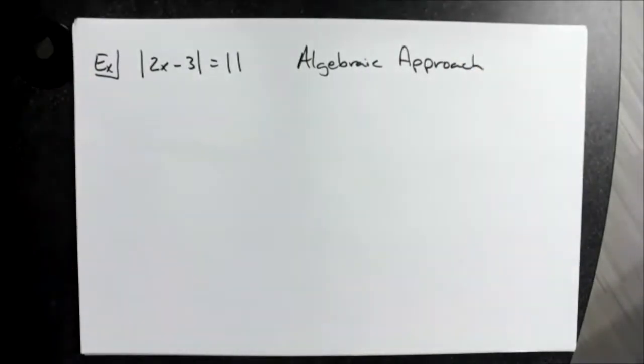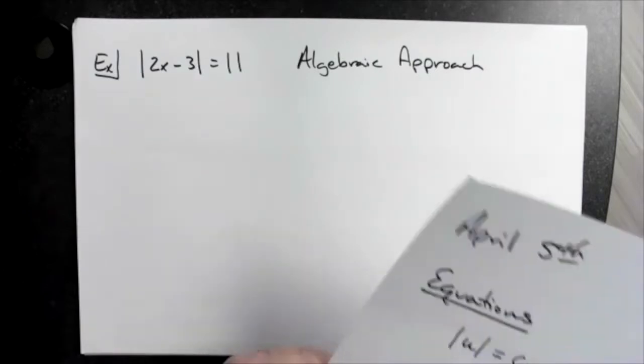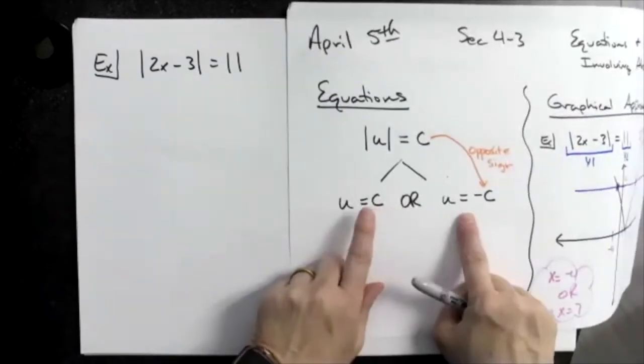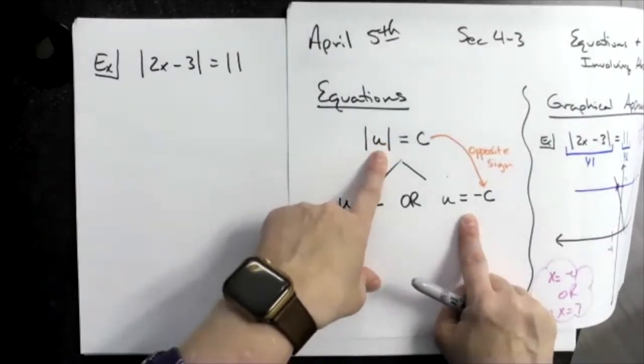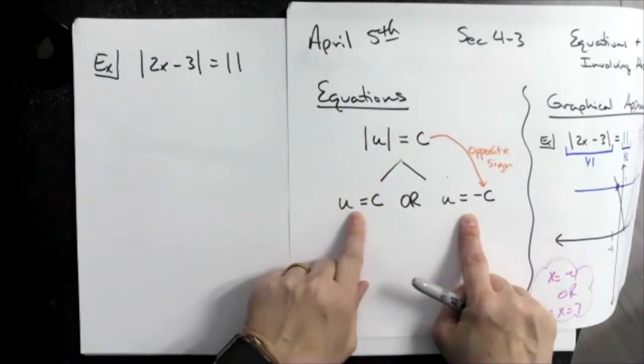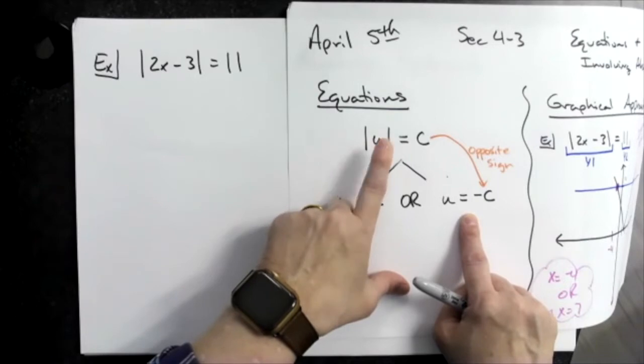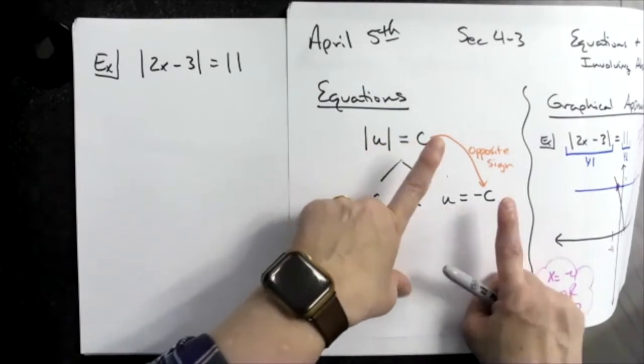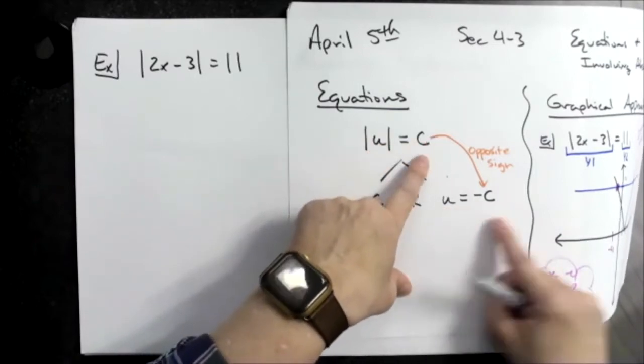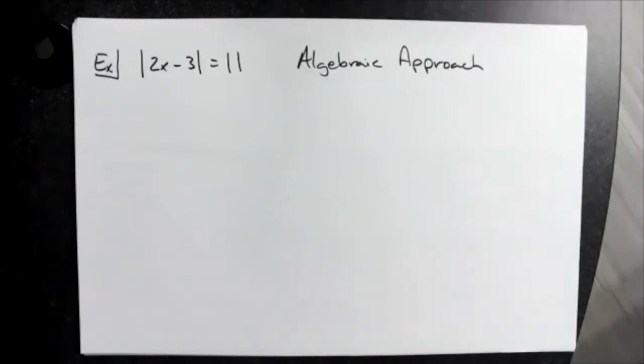Going back to what I said just a minute ago, this is our setup. We're going to drop the absolute value bars, write exactly what we see, u equals c. Then we're going to take what's inside there, drop the absolute value bars again, but take the opposite sign. So that's how we're going to set it up.